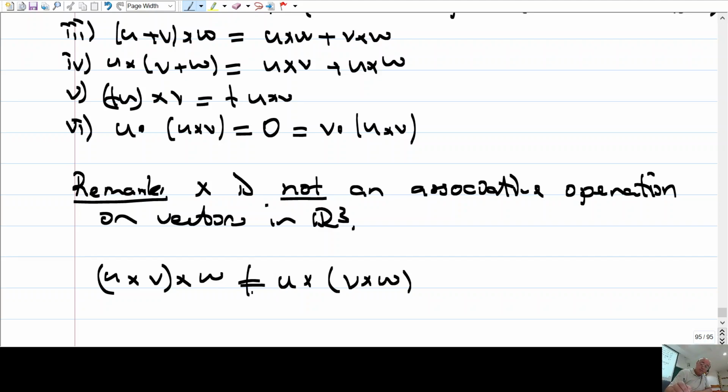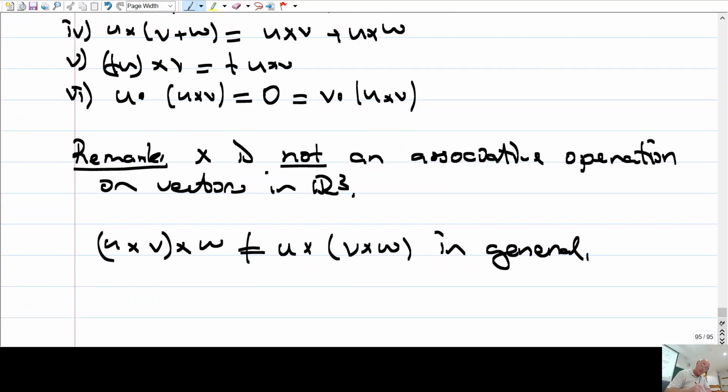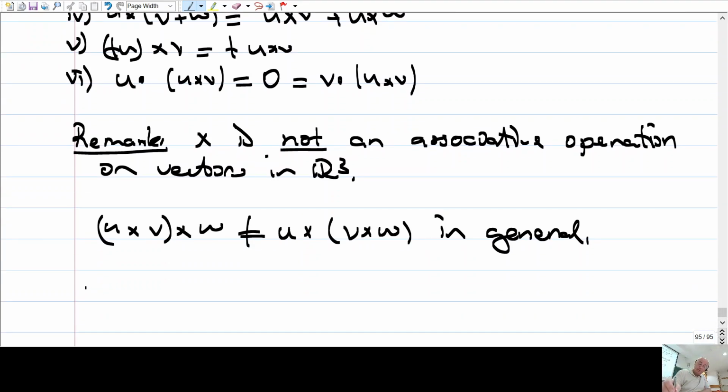In general, this is not true. An associative product satisfies this, okay, for all u, v, w, but cross product doesn't. Example is this. Counter example.